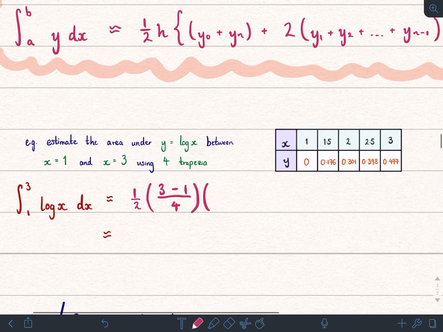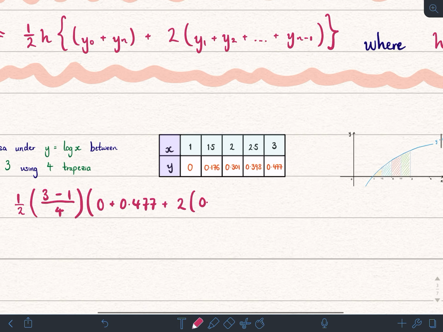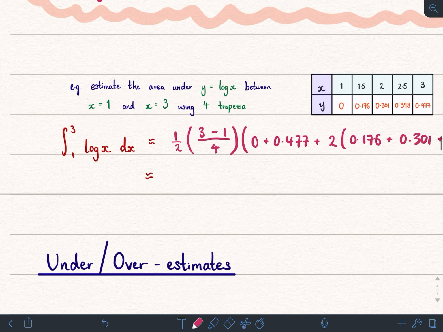And finally, y0 is going to be 0, yn is going to be 0.477, and I have 2 lots of every other y coordinate, so 0.176, 0.301, and 0.398. If you put that all into the calculator, you should get the exact same answer as before, 0.5568. Again, you can put the units squared down if you want to.